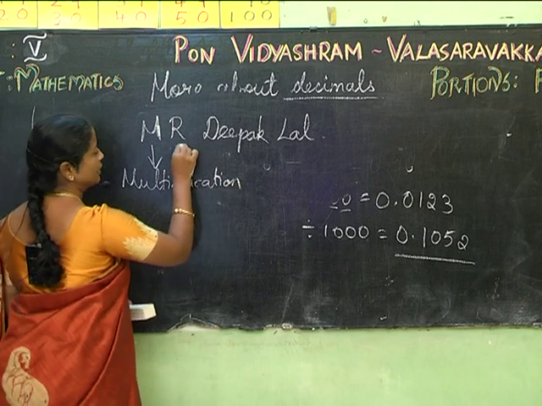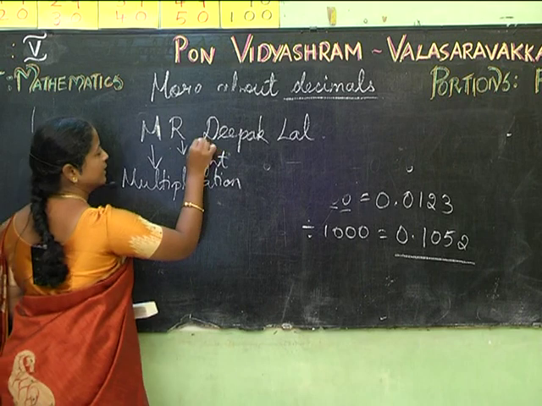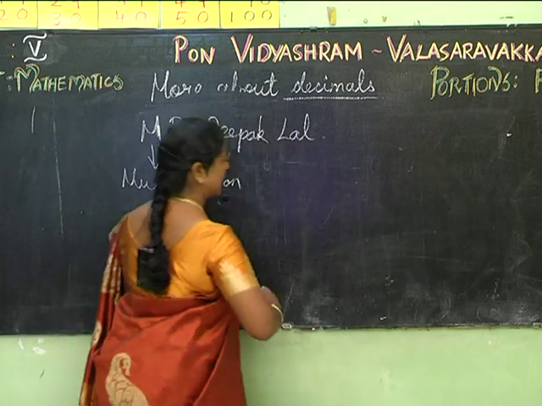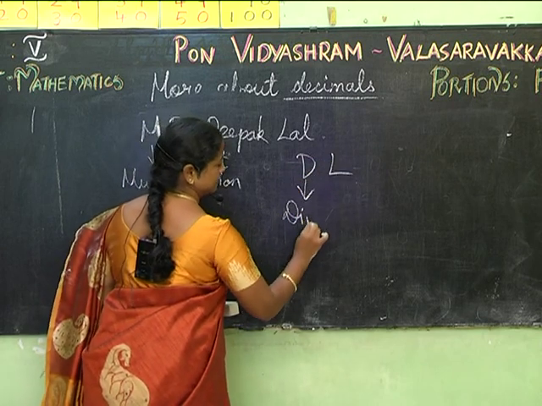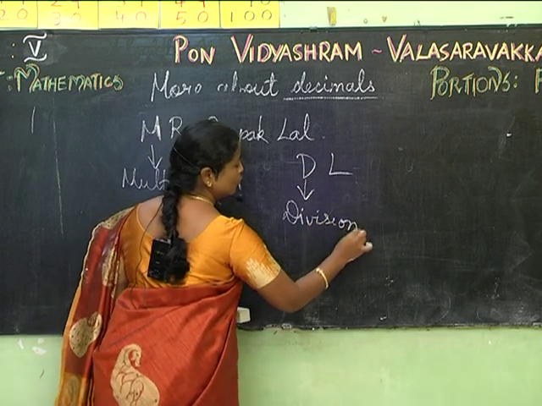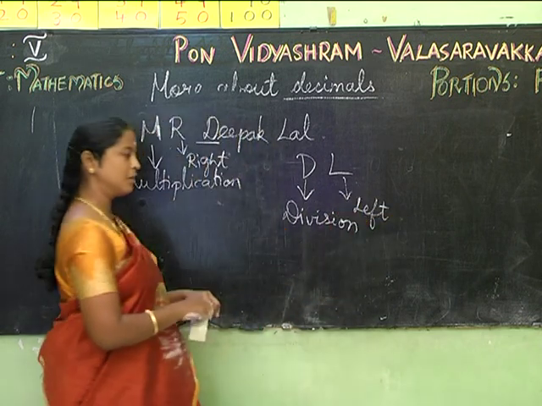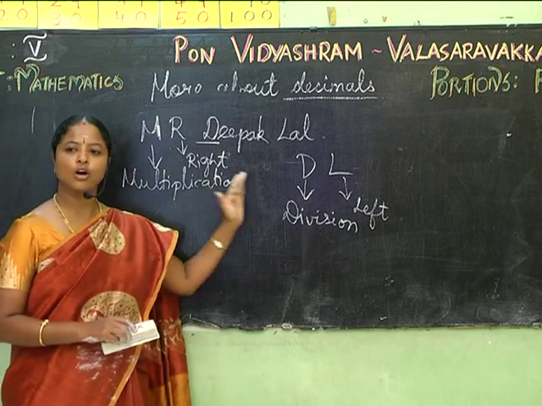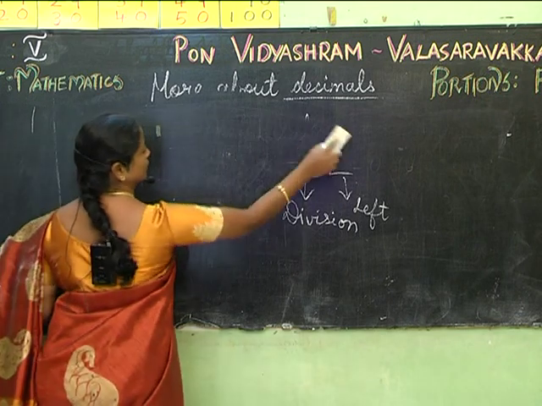And divide, D for Deepak Lal, DL. This is division, move towards left. So you can remember whether you have to move towards the right or towards the left with this short method.